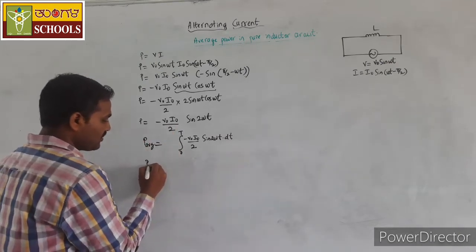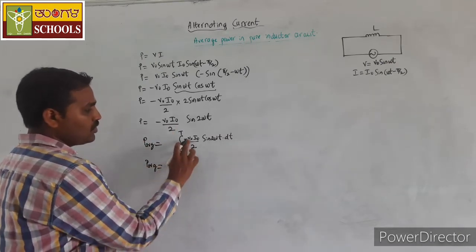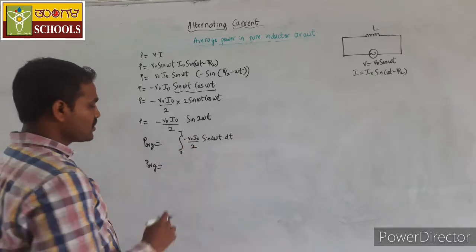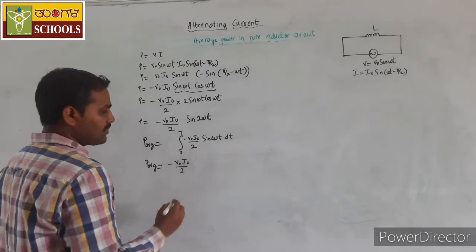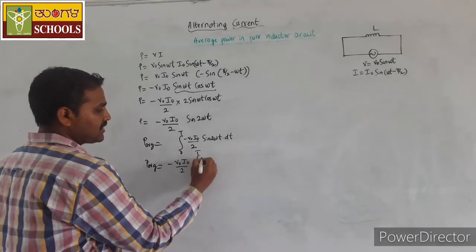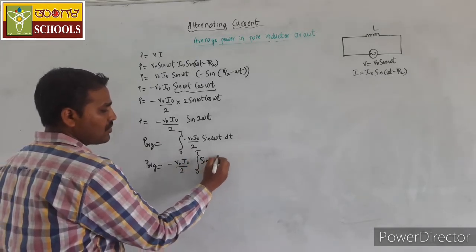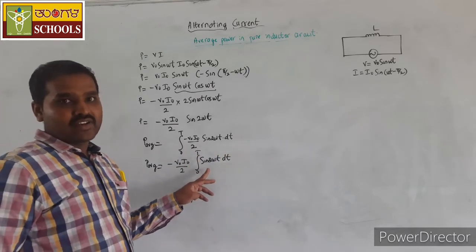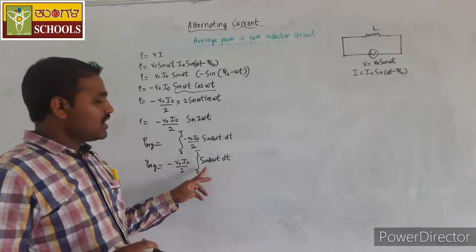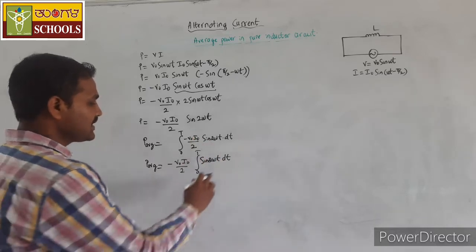So, let me write P average is equal to, V naught is constant, I naught by 2 is constant, so let us take them outside. Minus V naught I naught divided by 2 times the integral of sin 2 omega t dt. The integration of a sine function over one complete cycle, which repeats continuously, is equal to 0.